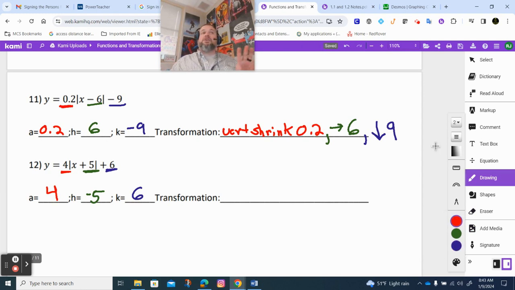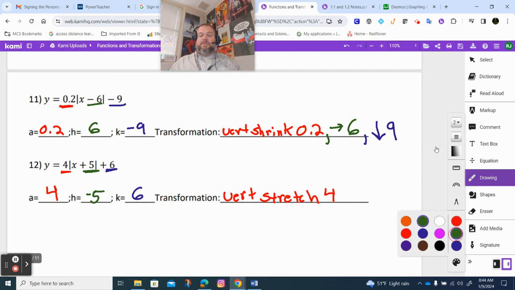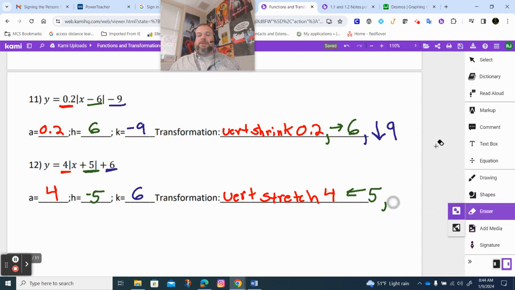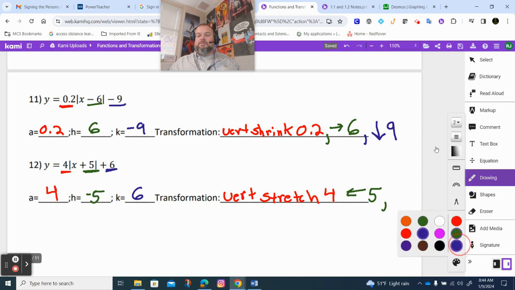Now our A value is bigger than 1. So we have a vertical, it's the opposite of shrink, stretch 4. Left 5. Up 6.